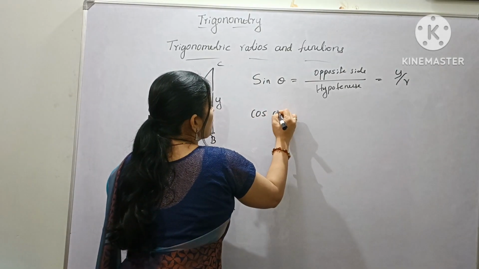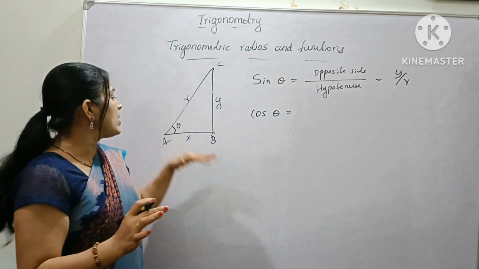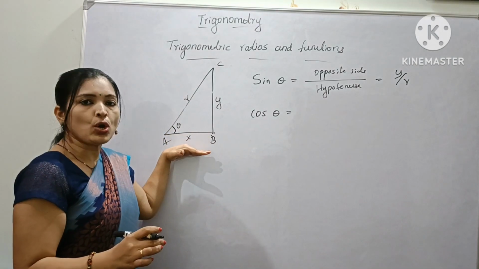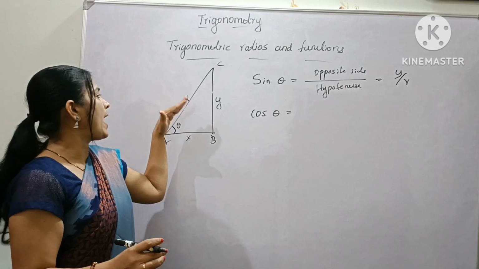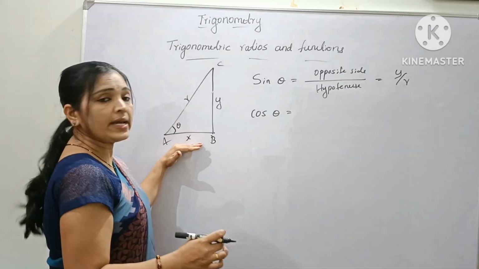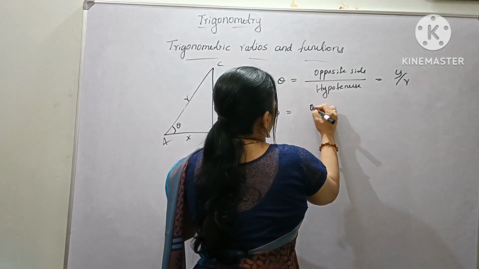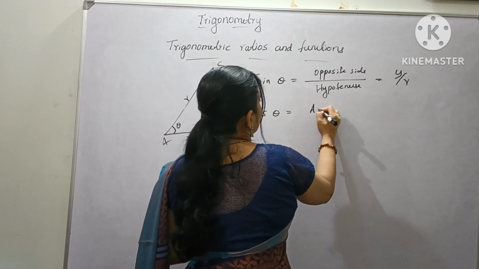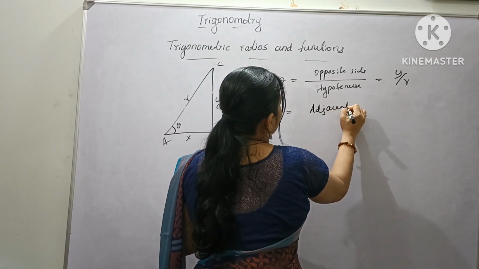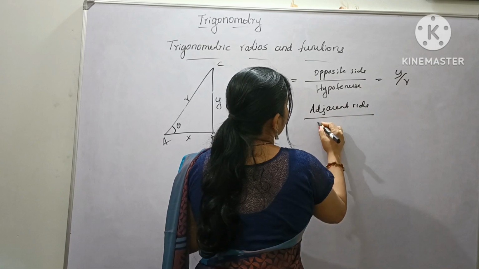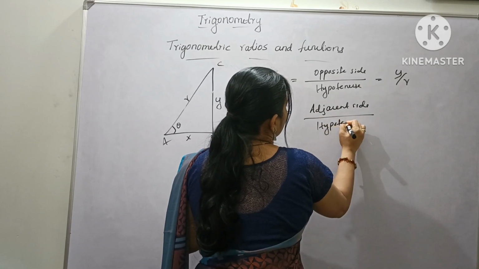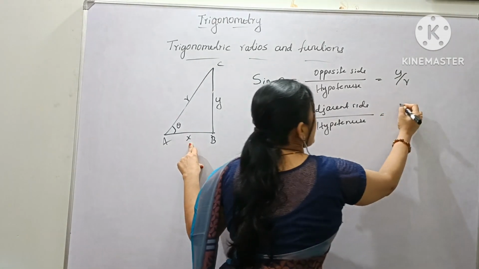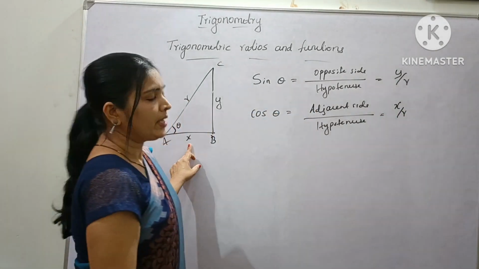Now cos theta is the ratio of adjacent side and the hypotenuse. So cos theta is nothing but adjacent side divided by hypotenuse, that is, x divided by r.